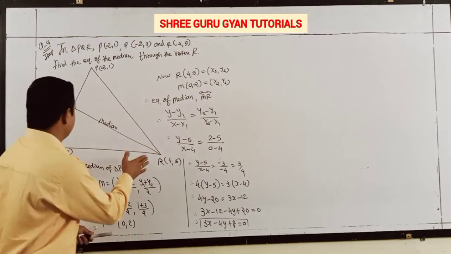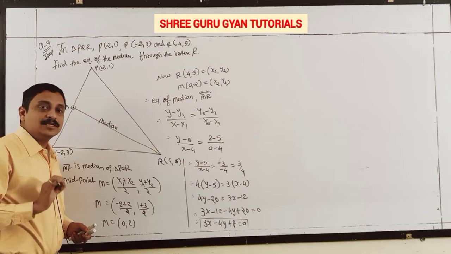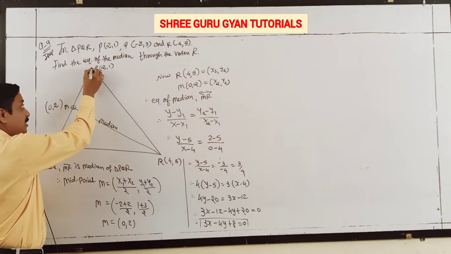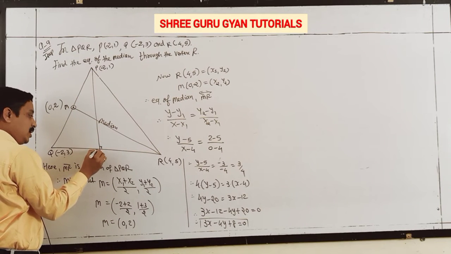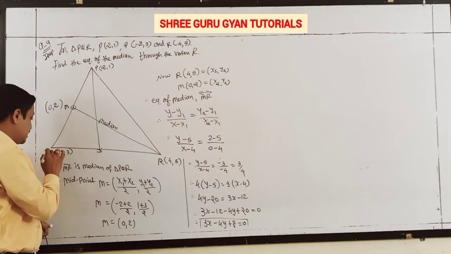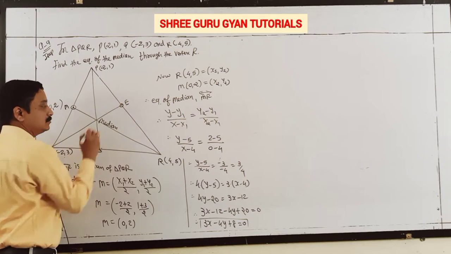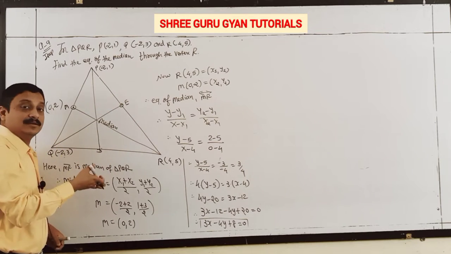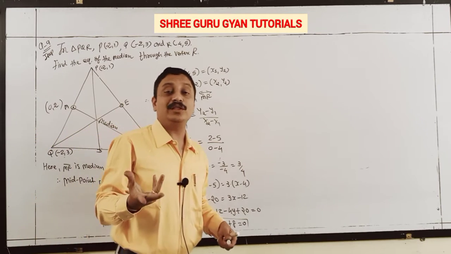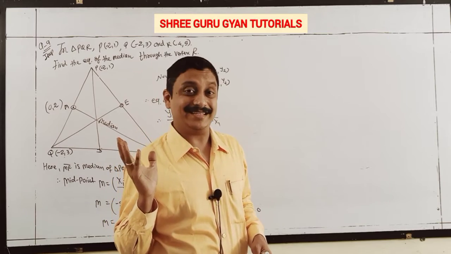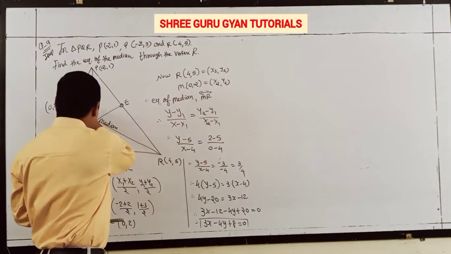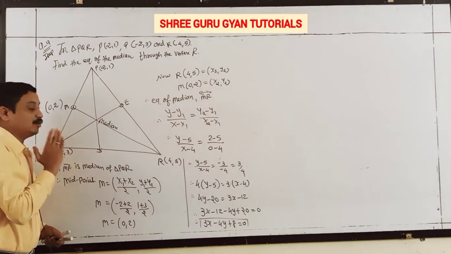And here your median MR is done. Sometimes they also ask the median from P to D, or from Q to E. You can create that, and easily do this numerical in parts too.